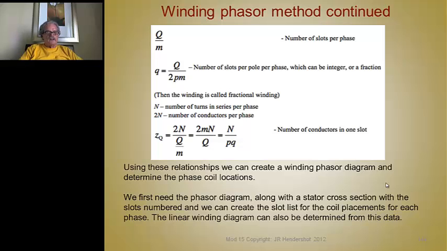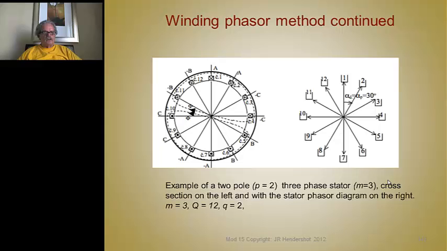And then we can create a slot list for the coil placements for each phase. The linear winding diagram, or the pattern, if you lay out the slots in linear fashion, as you've seen on a lot of documentation, then you can find out where all the coils go from this data. So here, on the left, is our stator cross section showing the 12 slots. And this is a 2-pole machine.